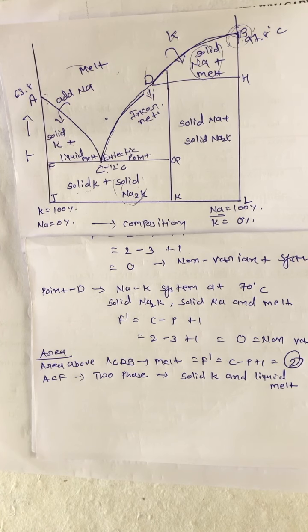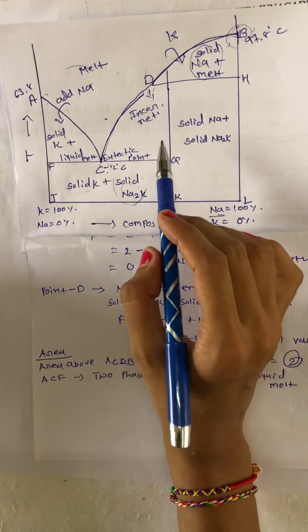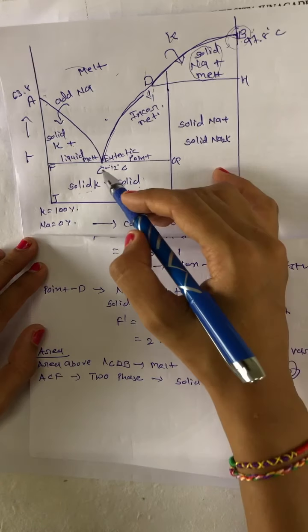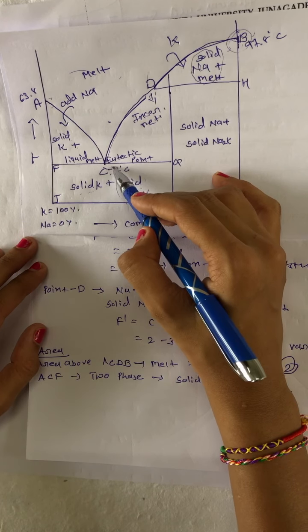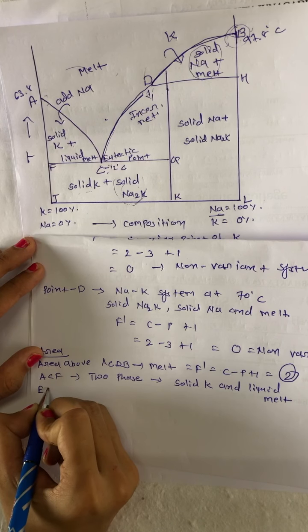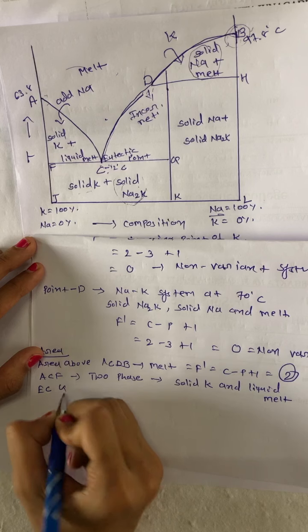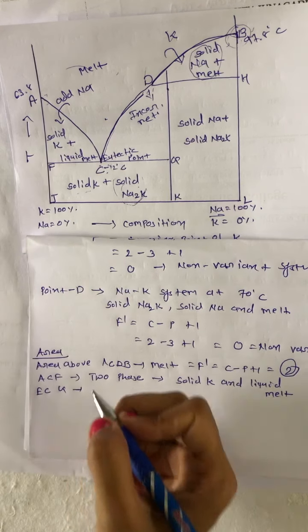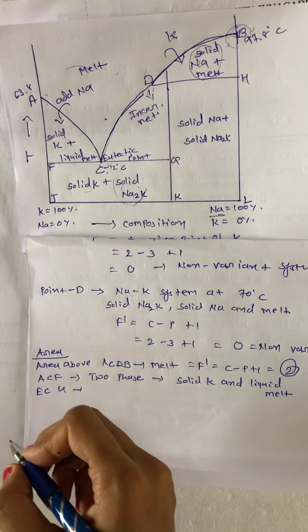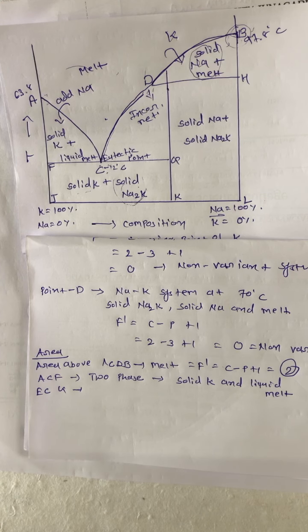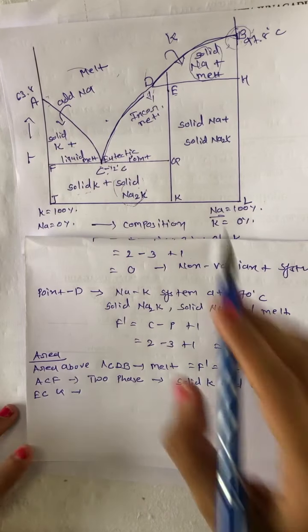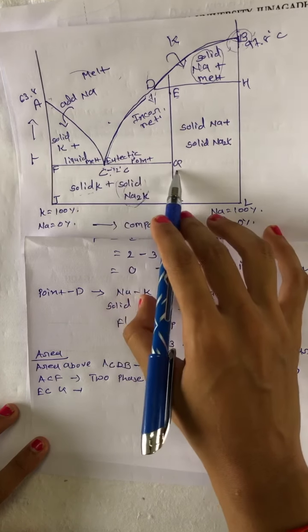Another one is E, C and G, right? You can see E, C and G, this area.